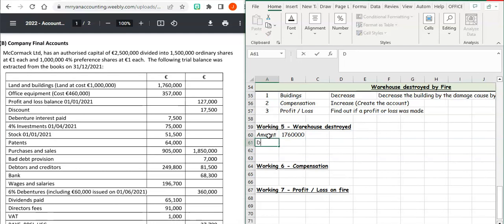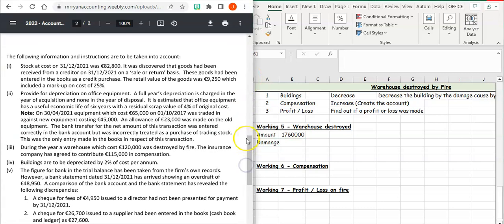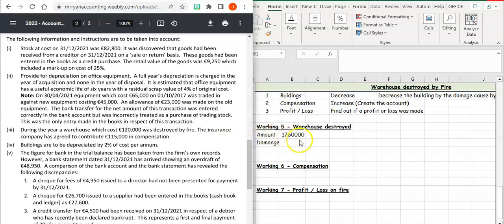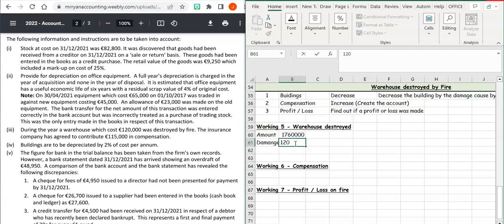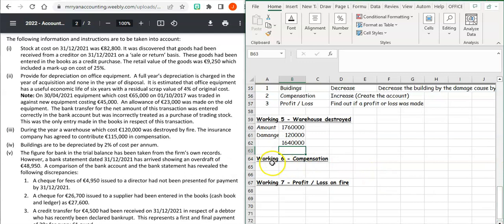We're going to take away the damage from the fire, which in the question I think is 120,000. So our new figure then for our land and buildings is going to be 1,640,000. So if we need to do any more adjustments, that's the figure we're going to be using.